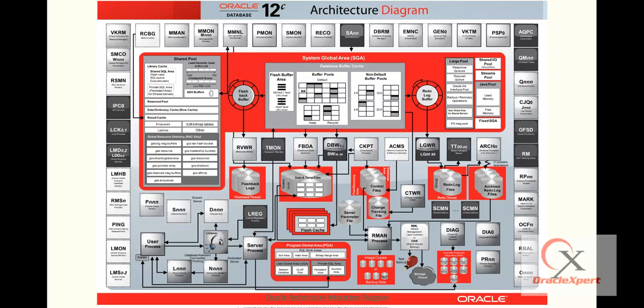This server process here is part of the dedicated server configuration architecture, whereas the SNNN process is part of the shared server instance configuration. You can configure your Oracle instance to run a dedicated server process for every user client's connection, or you can share the fixed number of shared server processes if you configure your Oracle instance in a shared server environment.